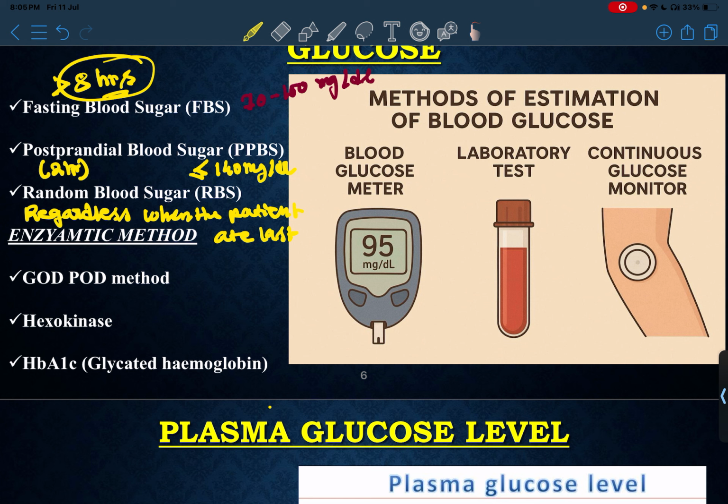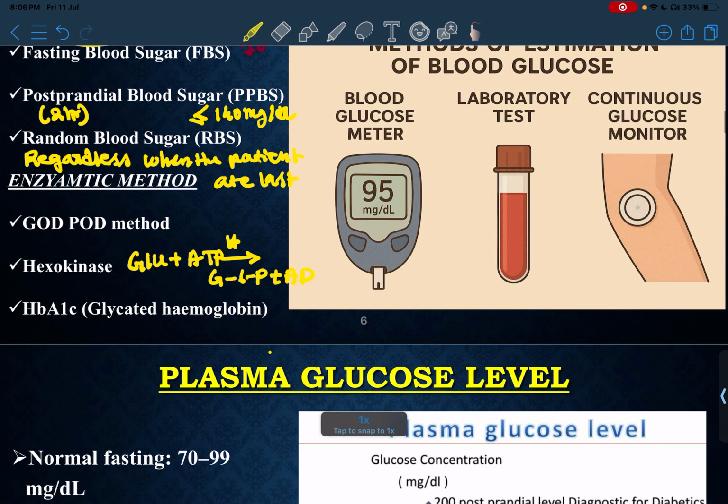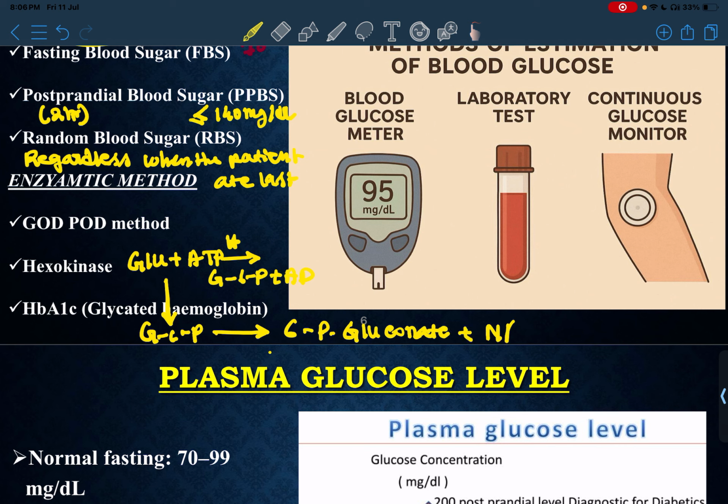Next is the hexokinase method. In this method, glucose plus ATP with the help of hexokinase is converted to glucose 6 phosphate plus ADP. Next, glucose 6 phosphate is converted by glucose 6 phosphate dehydrogenase to 6 phosphogluconate plus NADPH.